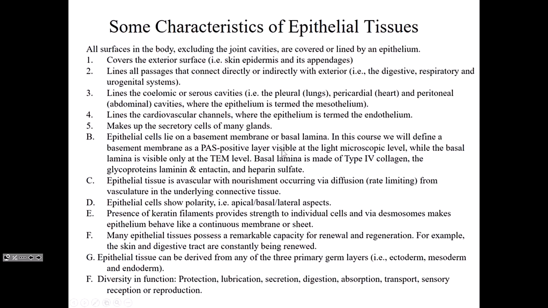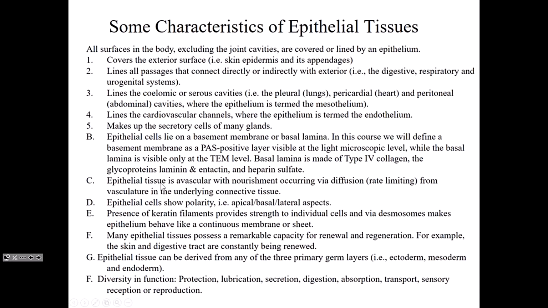Remember we talked about those different dyes that we use to look at different structures. PAS positive at the light microscopic level. And the basal lamina we can see at the electron microscopic level. And in that basal lamina there are different types of proteins, collagens, some glycoproteins as discussed here.